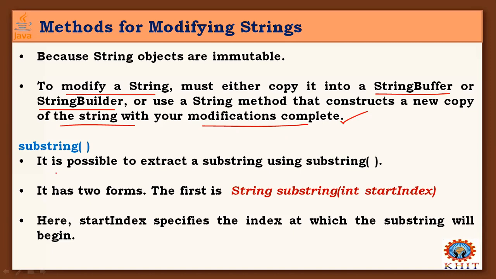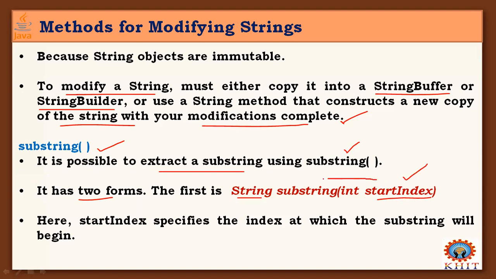Okay. Coming to the substring method, one of the modifying methods, it extracts and creates a new string with your modification. It is possible to extract a substring with the substring method. It has two forms. The first one is the String substring method, where you give the start index.